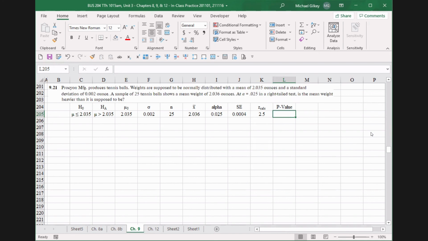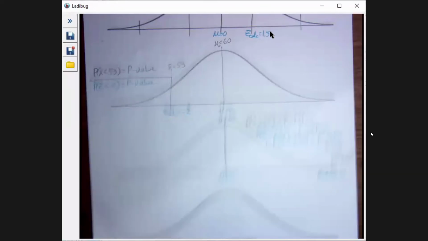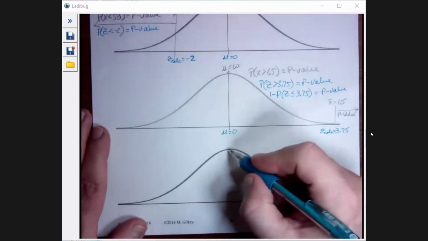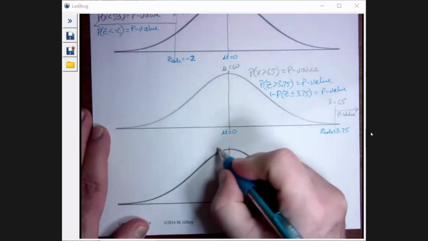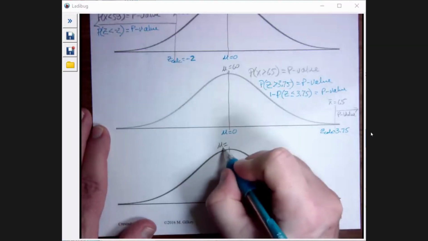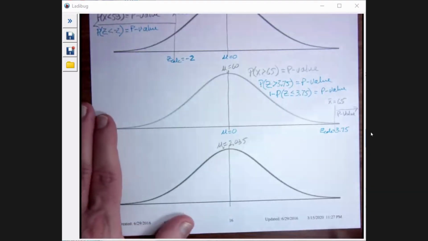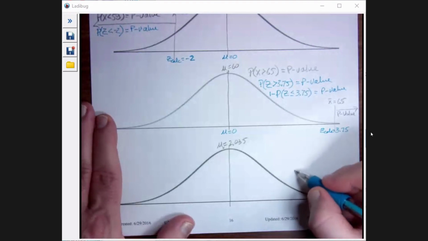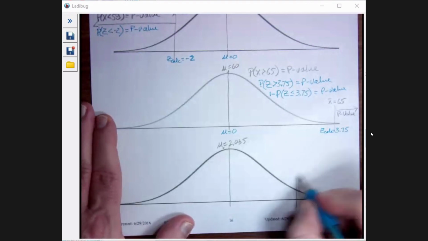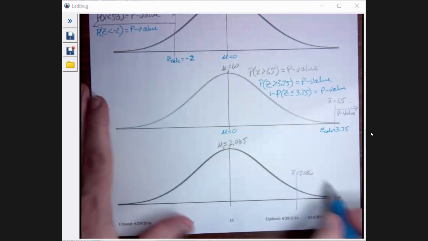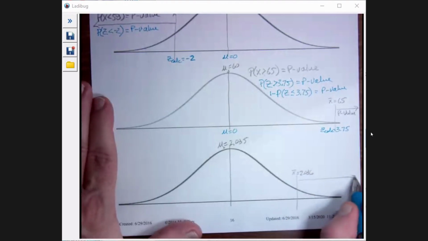Well, NORM.S.DIST. Yeah. So let's draw the picture before we go on any farther. What we've got is our hypothesized mean, 2.035, and this value out here, our sample mean of 2.036. We want a p-value, which is the area to the right of that.